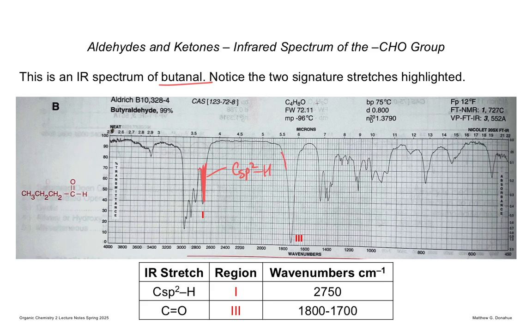That, coupled with the carbonyl stretch in region 3, that's your C=O double bond stretch. If you have that, and then if you have a proton NMR and you see that signal at 9 to 10, you can say, okay, at least one fragment in there has to belong to that.